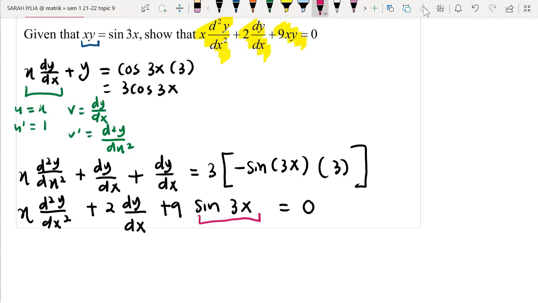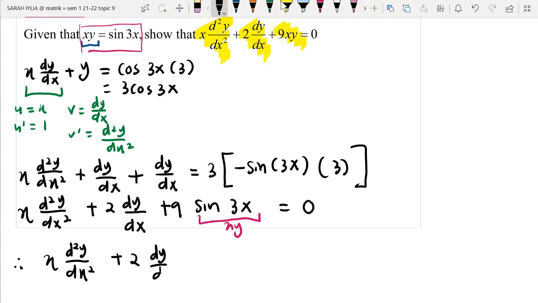Equation yang awal tadi kita kata xy is basically sin 3x. So, the whole thing ni kita boleh jadi sebagai xy. So, finally, our equation will be x times d squared y over dx squared plus 2 dy over dx plus 9xy equal to 0. That is basically the equation that we want to find.